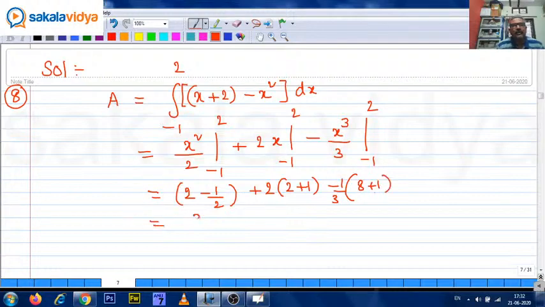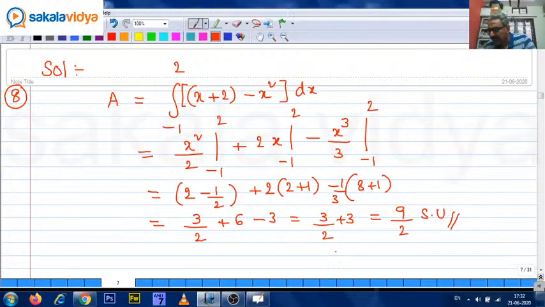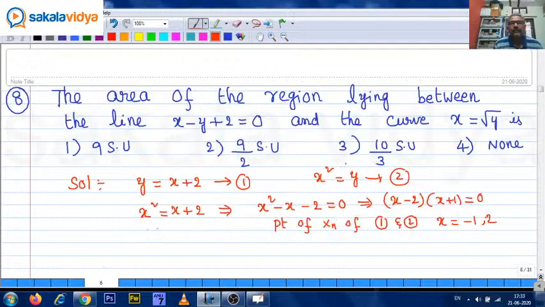This will be 3 by 2 plus 6 minus this will be 9, 3. 3 by 2 plus 3. That means 9 by 2 square units. That means option 2 is the right option. Right.